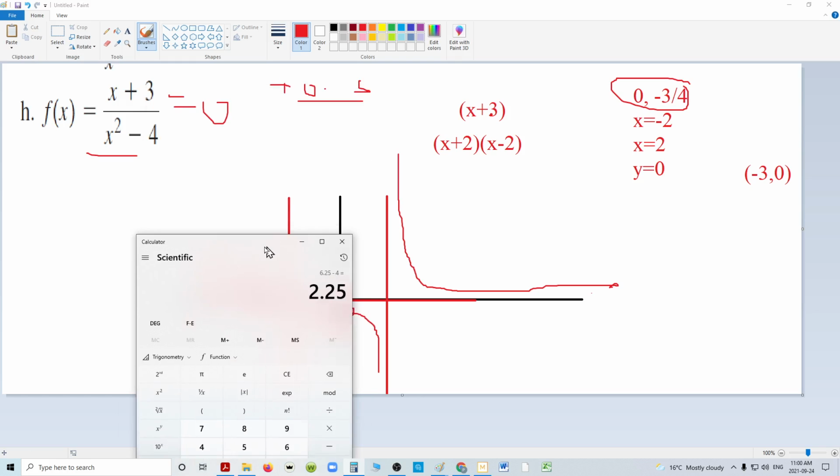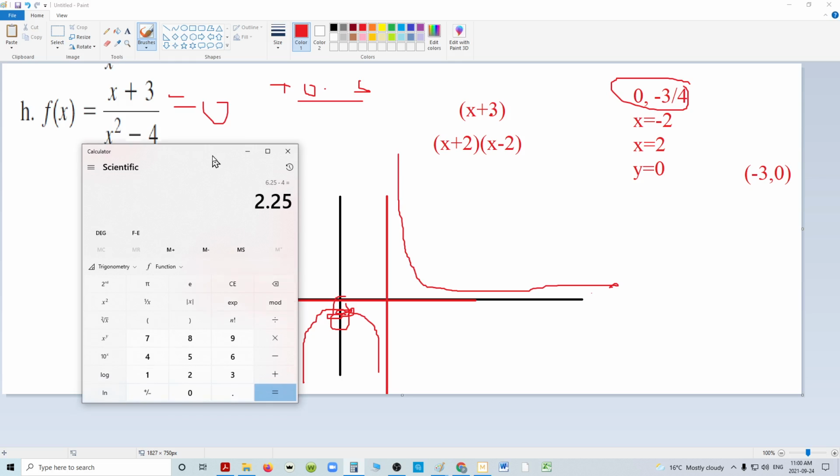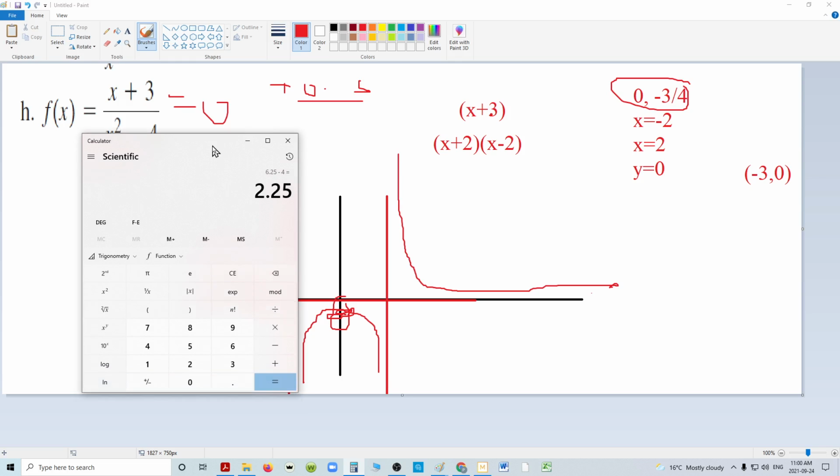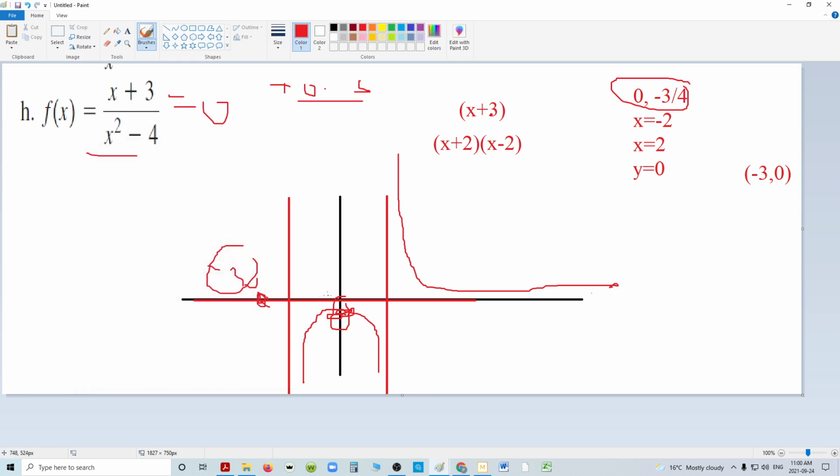And when I take 0.5 and divide it by 2.25, I get 0.2222. So it still is not telling me enough information. I know it's positive, but it's still hugging here.